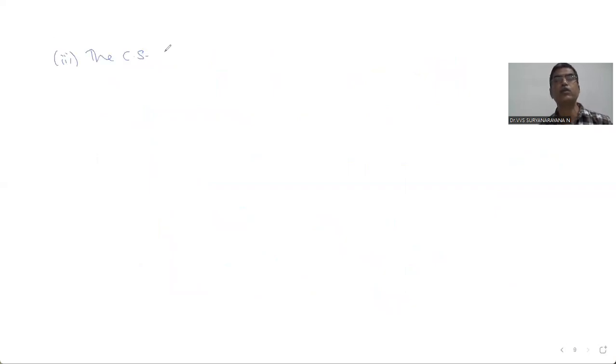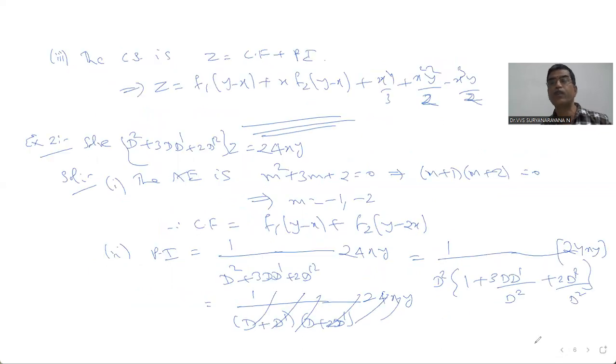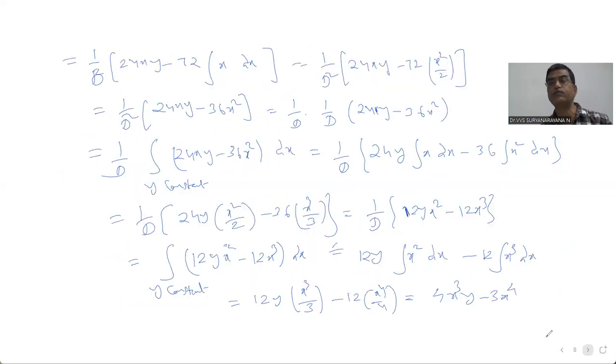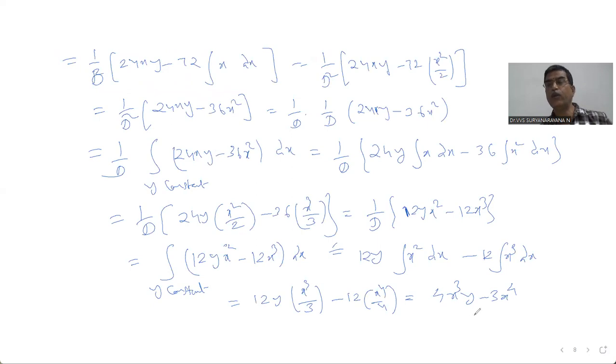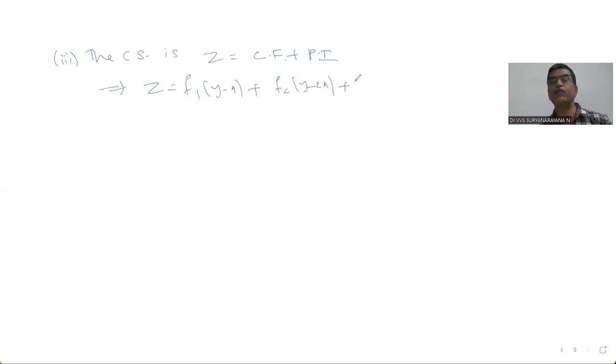The complete solution CS is z equal to CF plus PI. So z equal to CF. What is our CF? F1 of y minus x plus F2 of y minus 2x. So F1 of y minus x plus F2 of y minus 2x plus this PI, particular integral, 4x cube y minus 3x power 4.